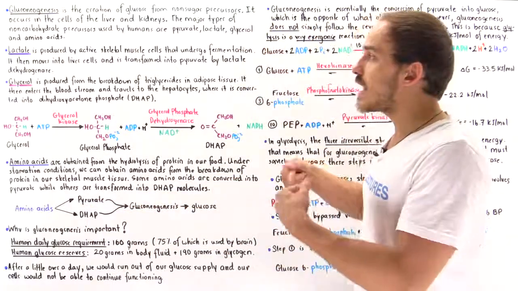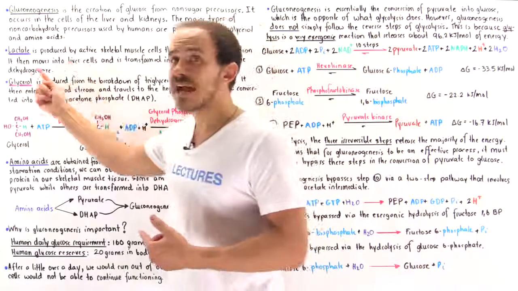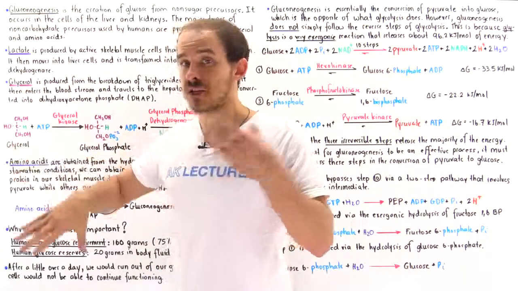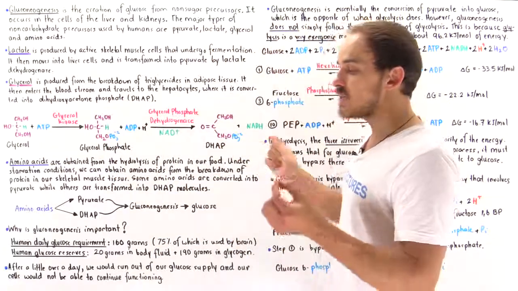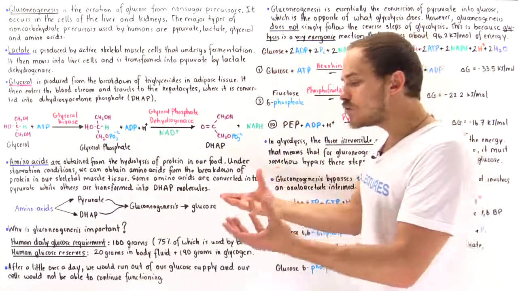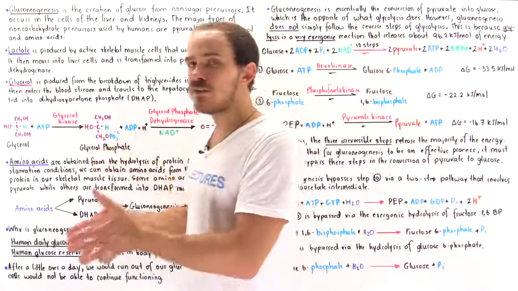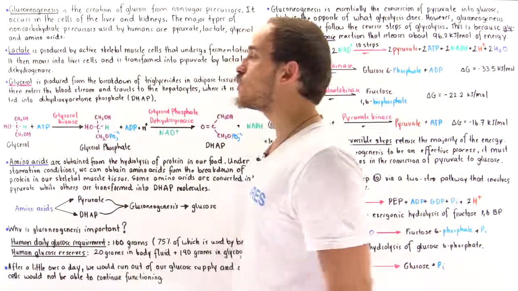And so these skeletal muscle cells produce lactic acid, which dissociates into H+ ions and lactate, and that's where we obtain the lactate from.